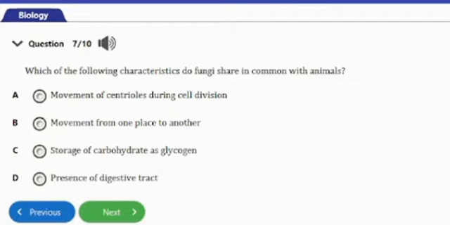So guys, the answer to this question is option C, and that's storage of carbohydrates as glycogen. So actually, fungi store carbohydrates as glycogen just like animals do. And that's one feature or characteristic that they share in common with animals. So that's it for that question. Let's go ahead and consider the next question.